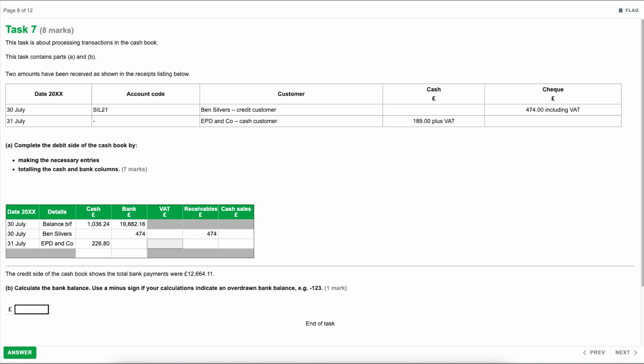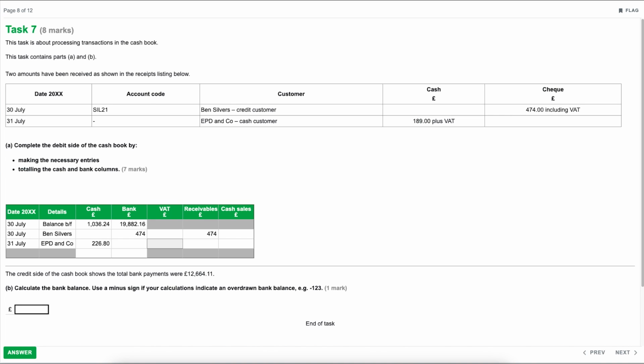Now we do need to record the VAT. So as I said, this is the first point at which we're recording this transaction, and therefore VAT would need to be recorded. So the VAT, we can do this in different ways. You can either do the difference between your total that we've just worked out and the net amount, so the 189, or you can just do 20% of 189, i.e. the net amount.